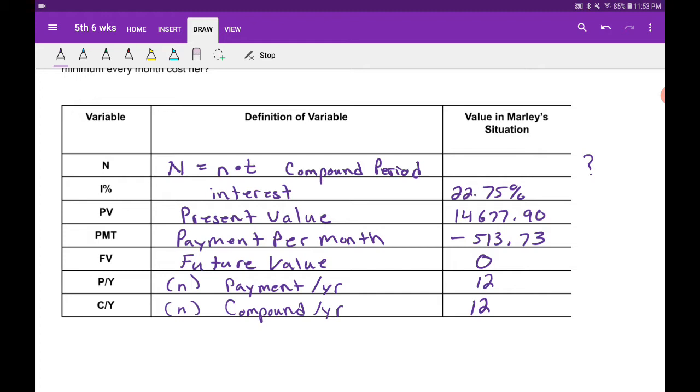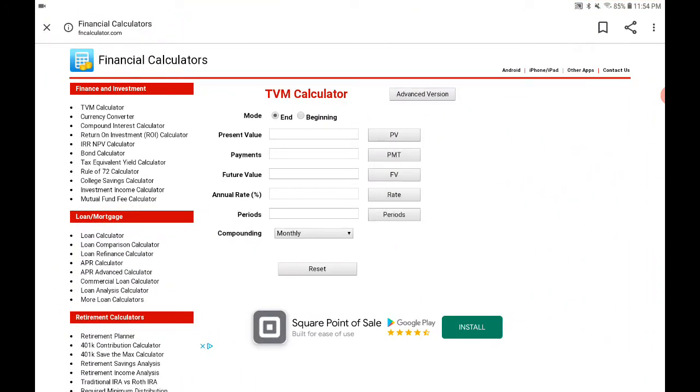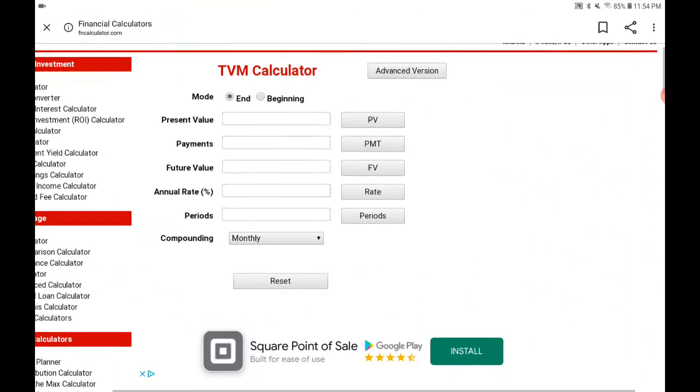All right, so putting all this information in, we're going to use our TVM calculator to figure out the number of periods that we're going to be using here. So let's go ahead and do that. Going online to our TVM calculator, this is what we got on here.